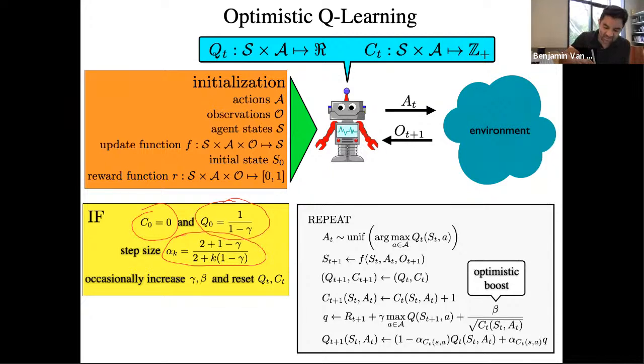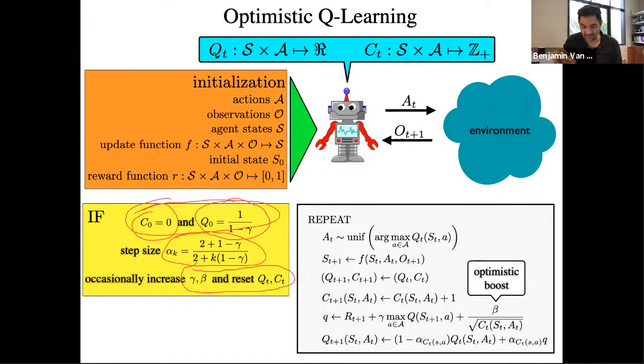I'm not going to go into the details of this, but to get that regret bound, once in a while you increase the discount factor and increase beta a bit. When you do that, you reset Q_t and C_t, letting the counts be 0 and the action values be defined by the current discount factor again.